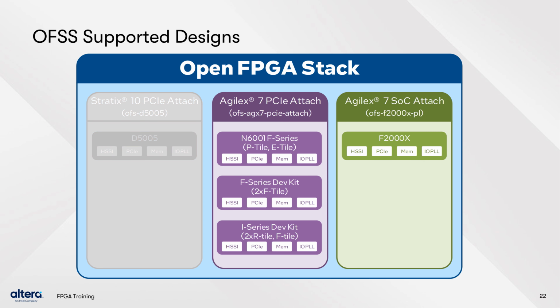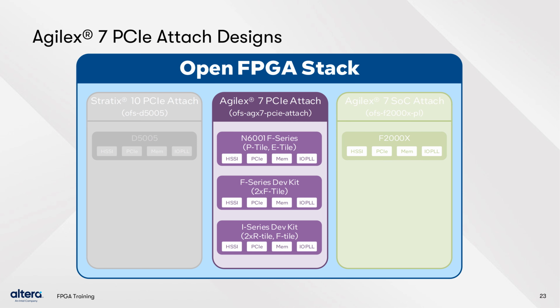Of these designs, the Stratix 10 PCIe attach does not support OFSS. Looking at the Agilex 7 PCIe attach and SoC attach, you can use OFSS to modify these designs. For example, let's take a look at the Agilex 7 PCIe attach design.